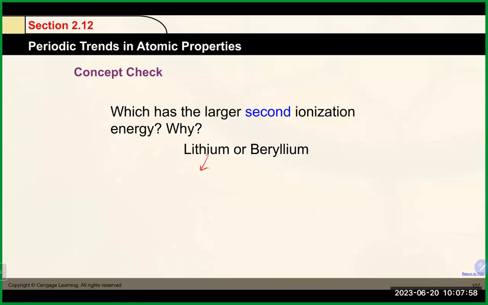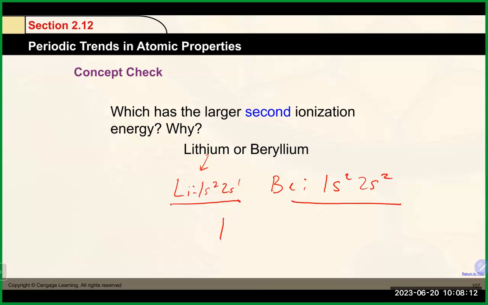Lithium's electron configuration is 1s2, 2s1, I think, right? Beryllium is 1s2, 2s2. How many valence electrons does lithium have? 1. How many valence electrons does beryllium have? 2. Second ionization energy means which electron goes out at that point? The second electron you're going to try to remove, right?